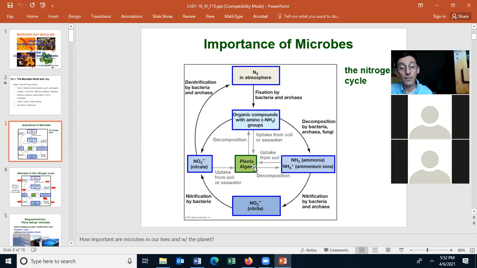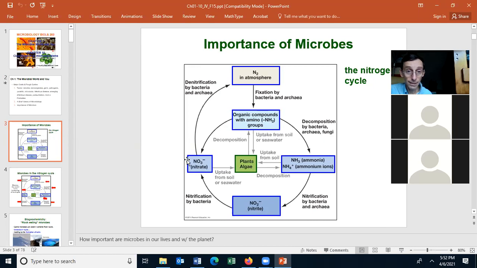Plants can take up both of them, but they don't like ammonia. And if you get too much ammonia on the plant, it'll actually kill the plant. And then the ammonia or the ammonium can be nitrified by bacteria and archaea into nitrite, and can be nitrified further by bacteria into nitrate.